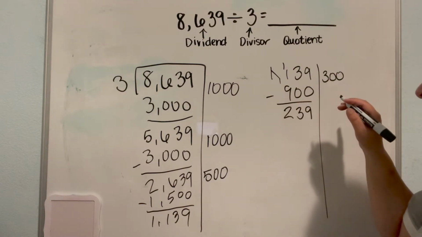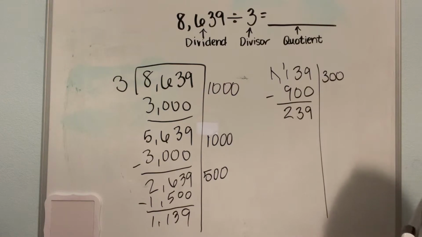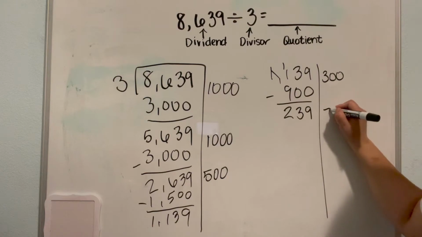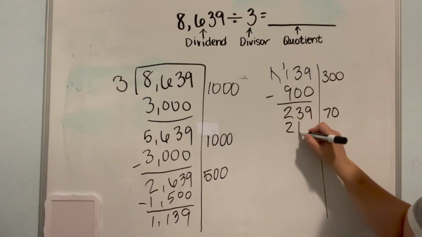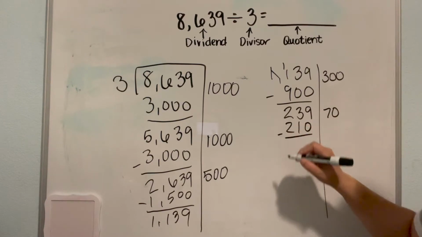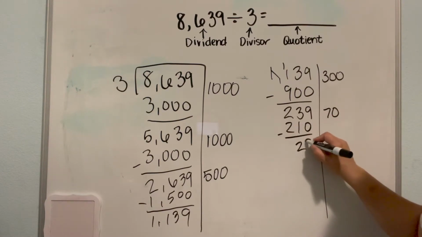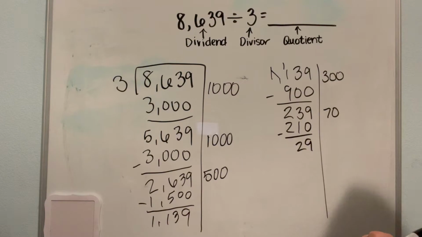Now I cannot use a number in the hundreds because that would give me over 239. So I got to go smaller. Let's see. I could use 70 because 3 times 70 gives me 210, which will leave me with 29.